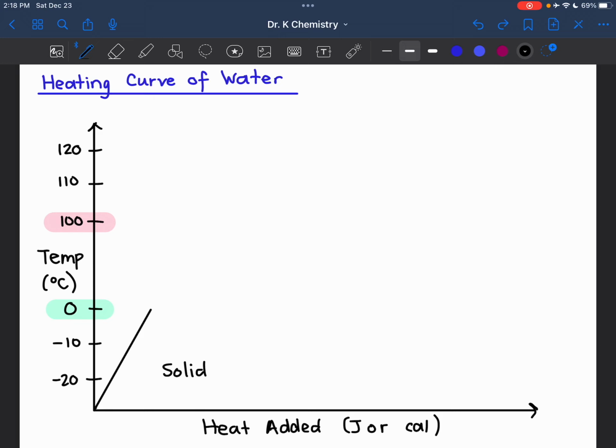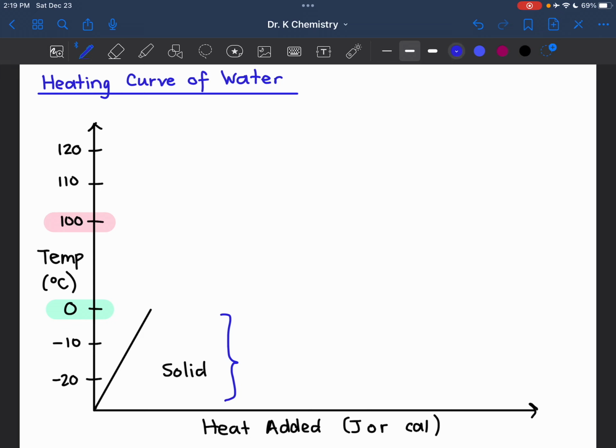So in that region, as heat is being added, the temperature of the sample increases. Now, once we hit 0, we are hitting the melting point of water. So before that, as the ice is in its solid form, there is no phase change yet. We're going from a very, very cold chunk of ice at about -20 to a chunk of ice that is about to hit 0.